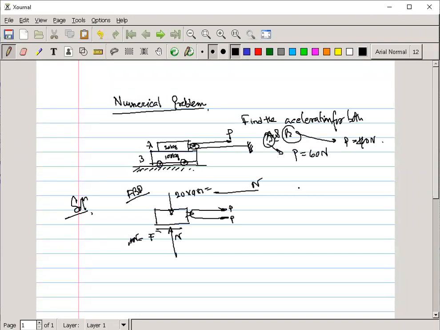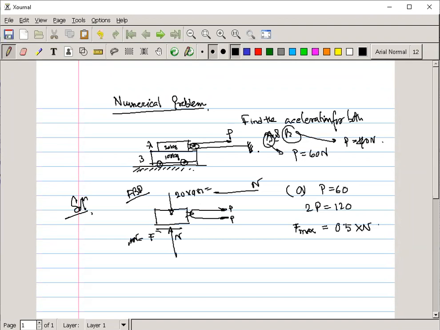So for A we can write P is equal to 60, 2P should be 120, and F max is equal to 0.5 into normal.